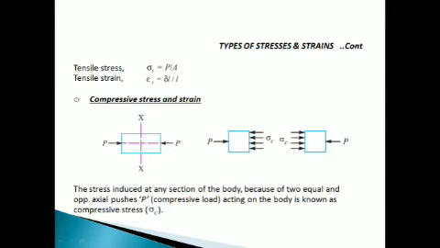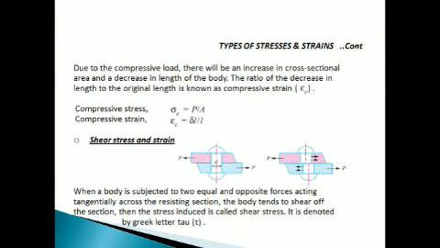Here you can see in the image that P is the load acting on both sides of the body, and at a section XX, sigma C is the compressive stress acting opposite to the load P. Due to this compressive load, there will be an increase in cross-sectional area and decrease in length of the body.